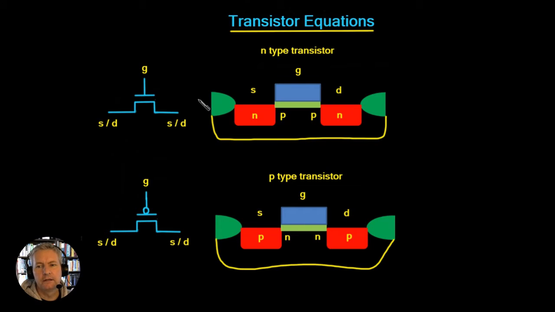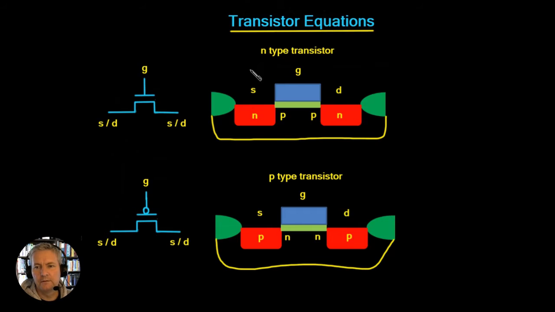Now the same thing occurs, only the opposite way, for a P-type transistor. In a P-type transistor, the charge carriers come from the source, but the charge carriers are now holes, and holes travel from a high voltage to a low voltage. So in this case, for a P-type transistor, the source is the high voltage terminal and the drain is the low voltage terminal.